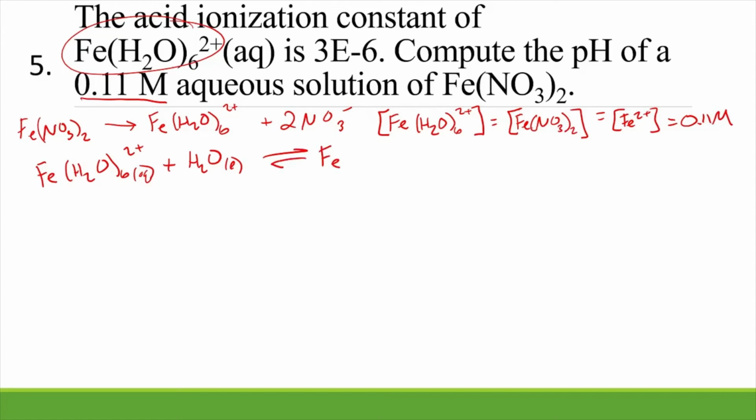And if you remember, what it forms is Fe(H2O)5(OH), we get rid of one of those waters and it becomes a hydroxide, and then plus 1, and then plus H3O plus. So let's set up an ice table for this.